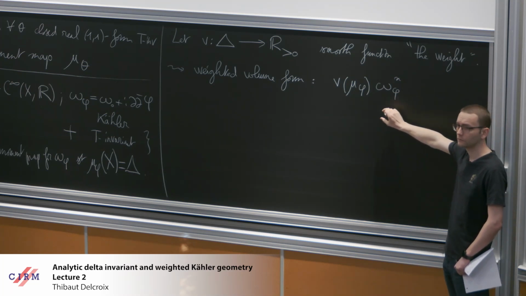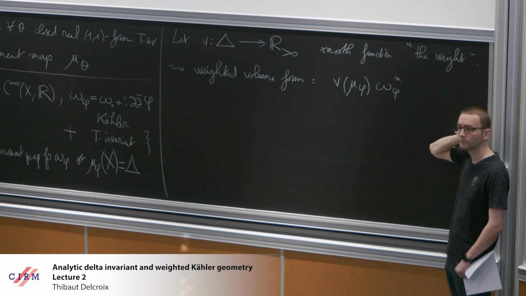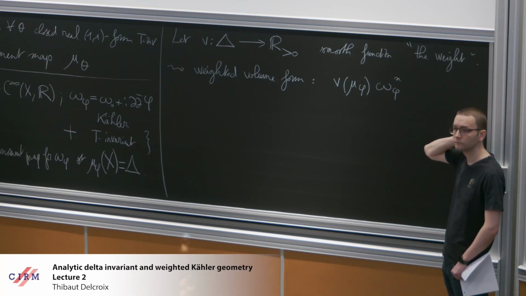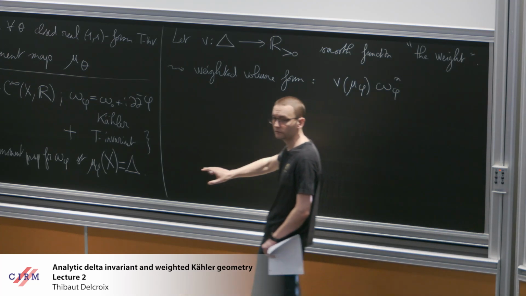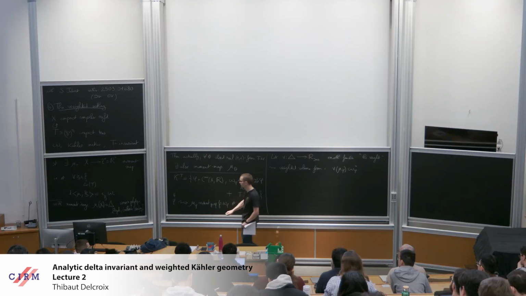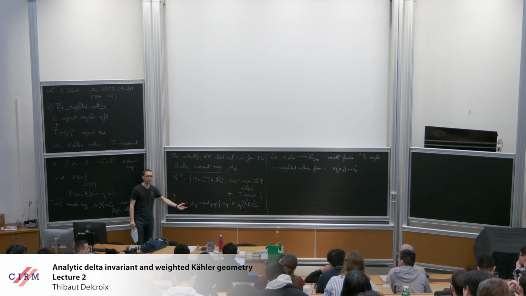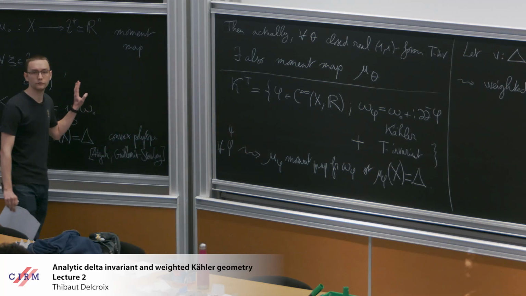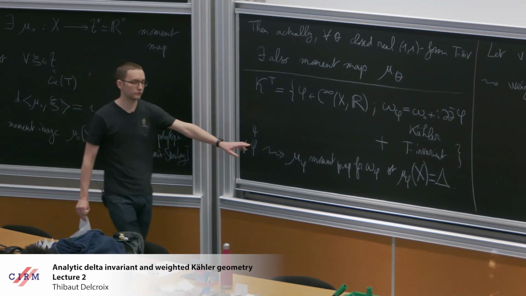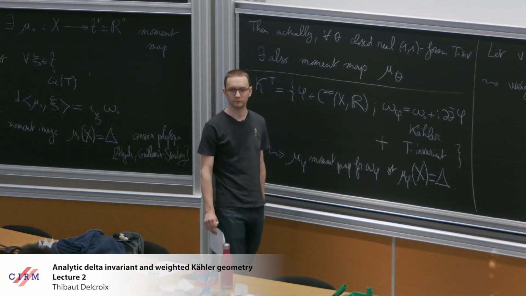KT is just the invariant Kähler potentials, and we have some notation for those Kähler potentials that give the same volume. For any psi, there's a choice of moment map. So moment maps are not unique, but there is a choice of moment map that has the same image.